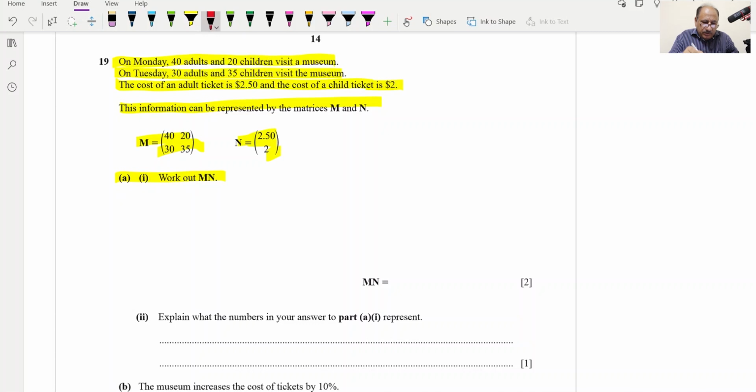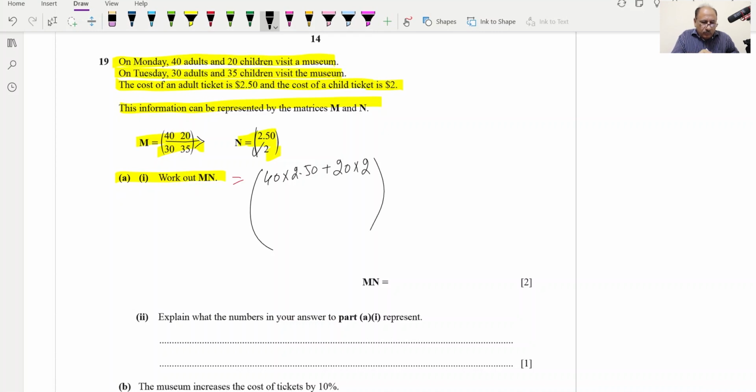So MN will be equal to what? We can multiply the first row and first column, so it will be 40 multiplied by 2.50 plus 20 multiplied by 2.